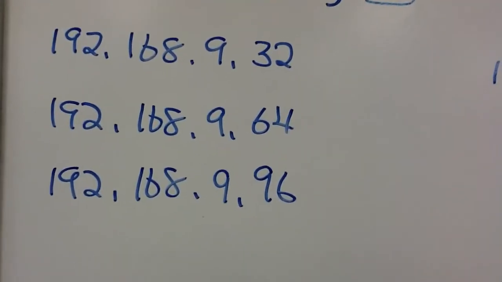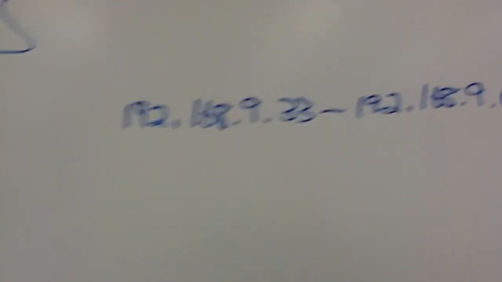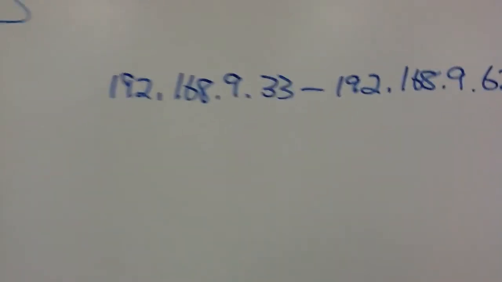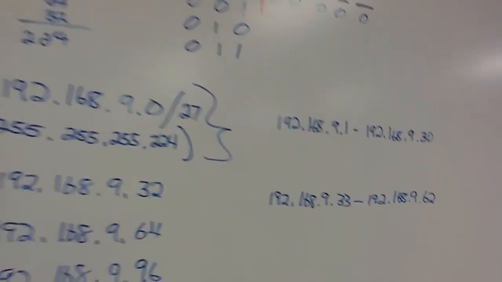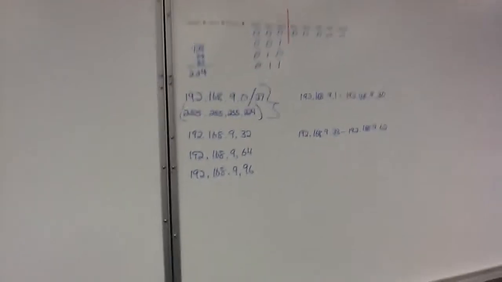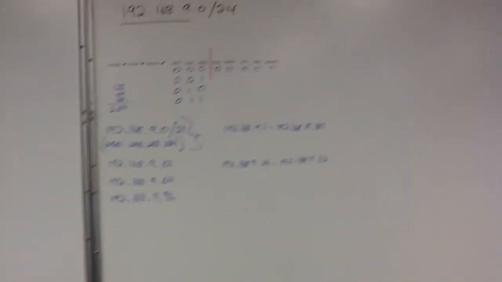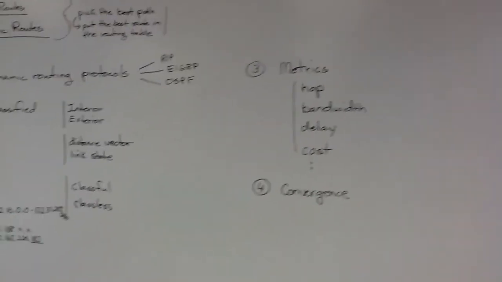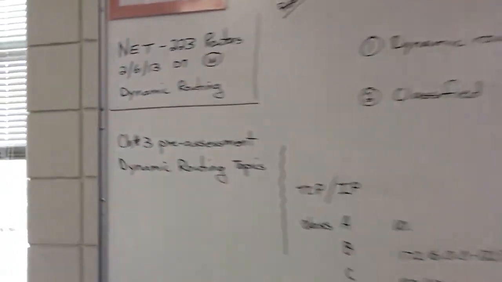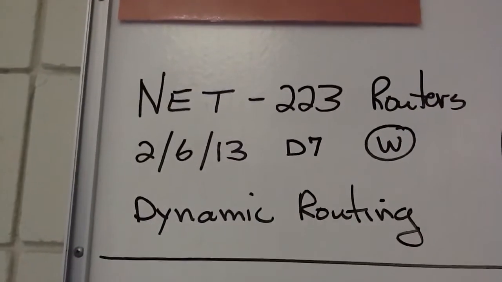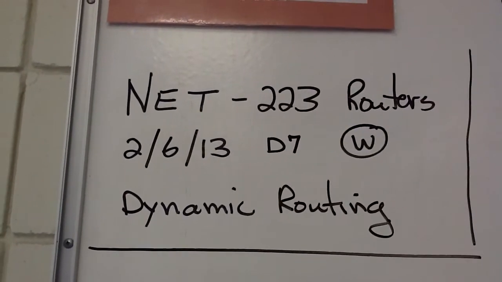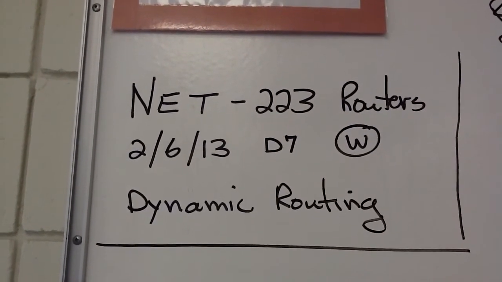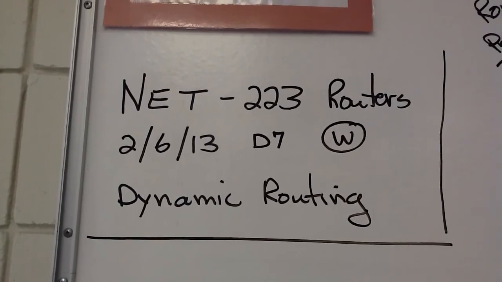We did 3 more networks, wrote out the addresses for one of them. So we have this information. Plus we did some other work on the labs, and that's it.